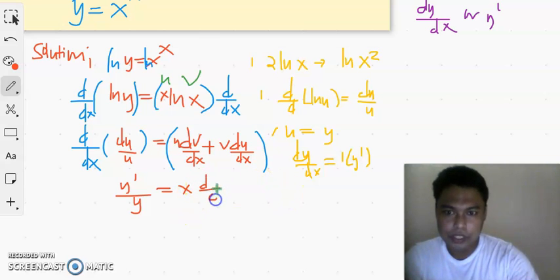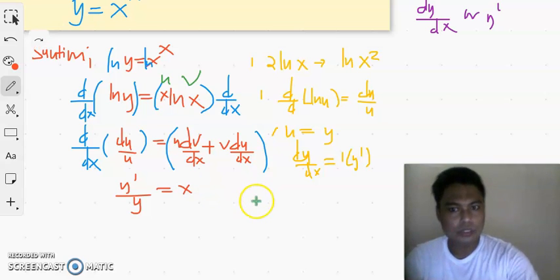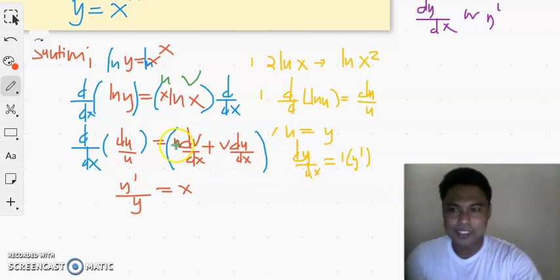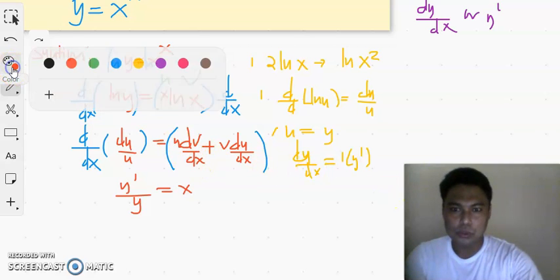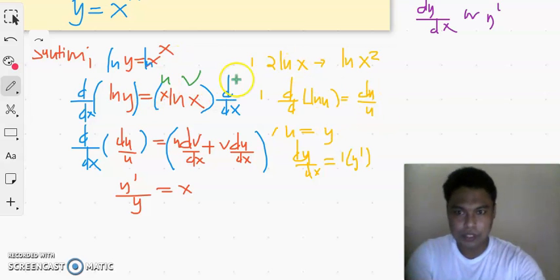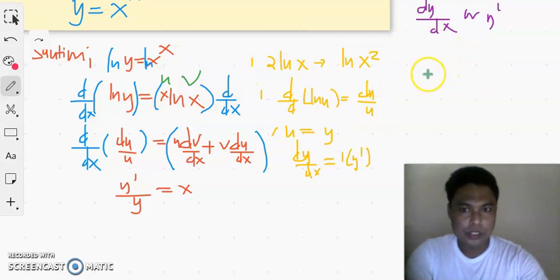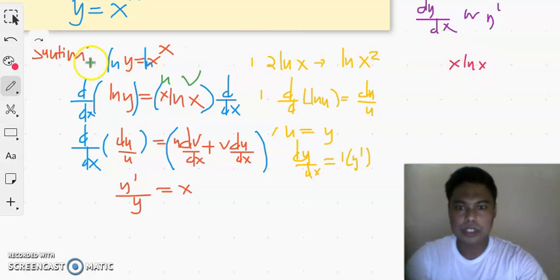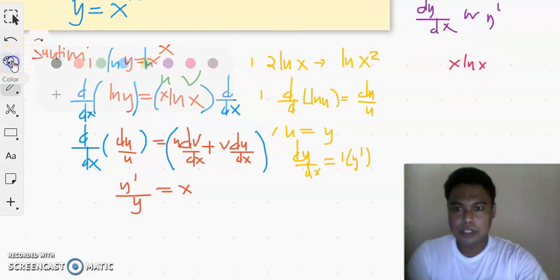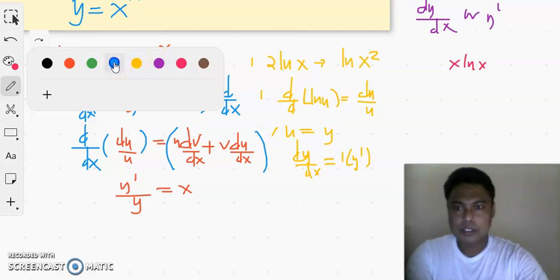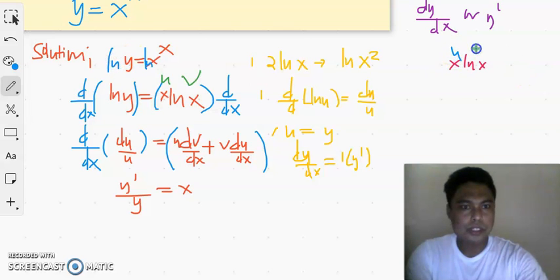For you to easily solve the problem, this is x ln x, so this is u, this is v.